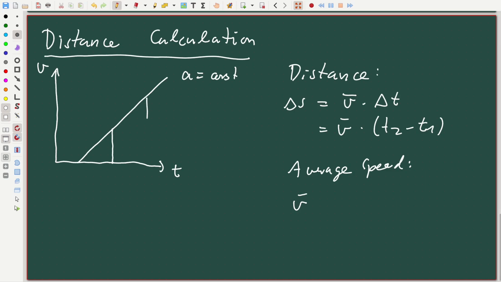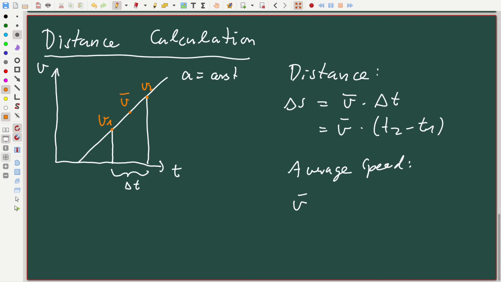This could be, for example, here. And we have then here our delta t. And now we can define 2 points here, which are just the limits of this interval. And we have here a speed v1 and a speed v2. And here in the center, exactly in the center, we would have our average speed.